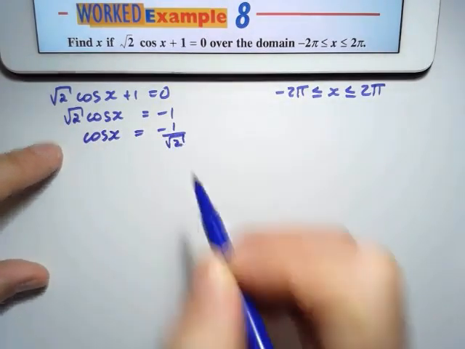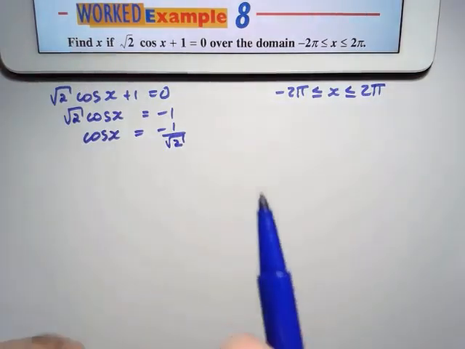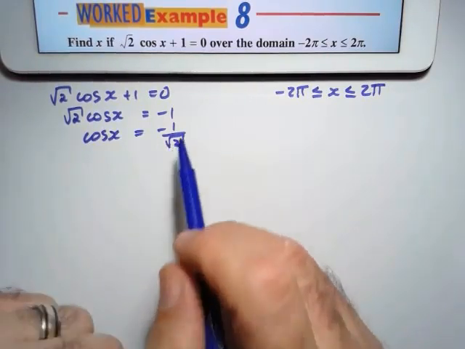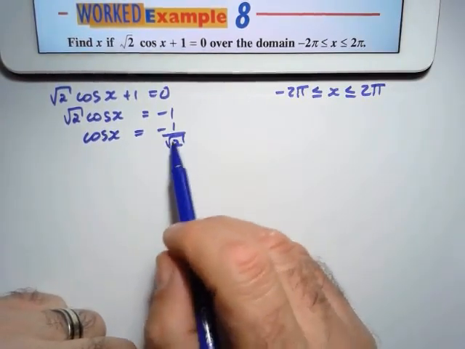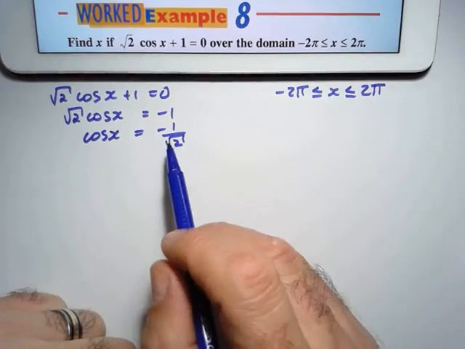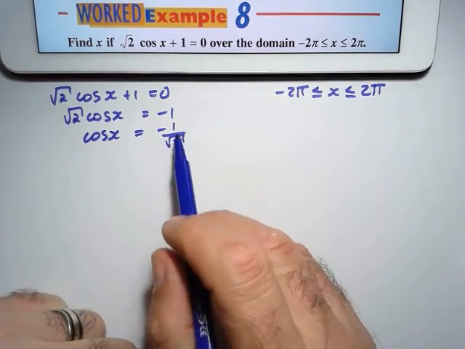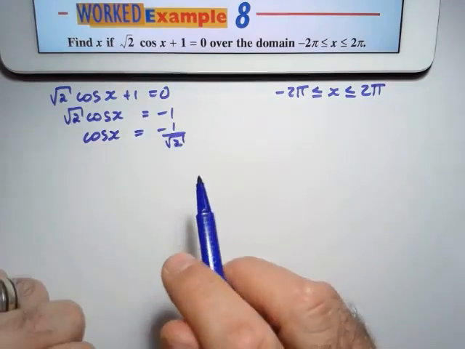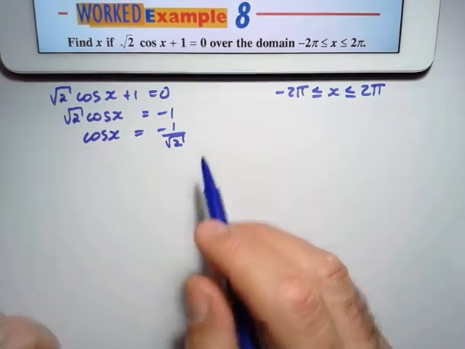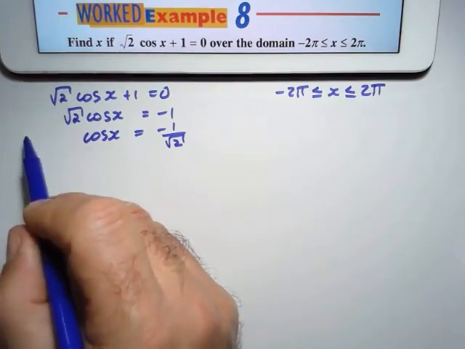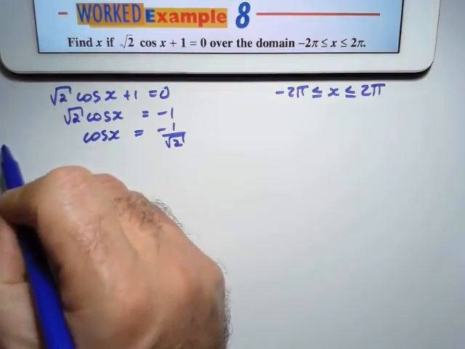over square root 2. Now, if they say give exact values, or it is in the non-calculator exam, I know that this is a special triangle. But not only that, you should know by now that 1 and the square root 2 has got something to do with special triangles. There's two special triangles.